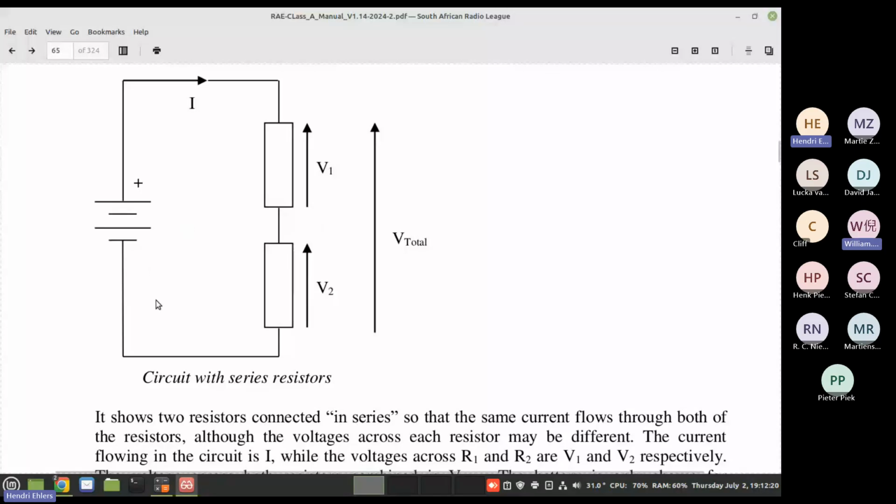Right. So whatever the current is that comes out here comes out there. So the current anywhere in the circuit is the same. When we have resistors in series, we add the resistors together. So these two become one resistor. And from there, if we have the voltage, we can calculate the current.